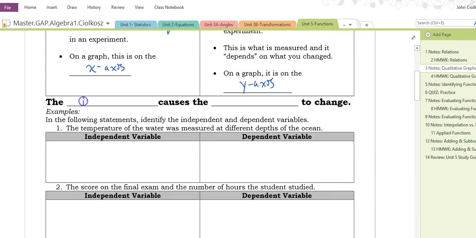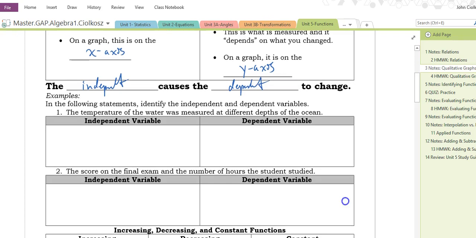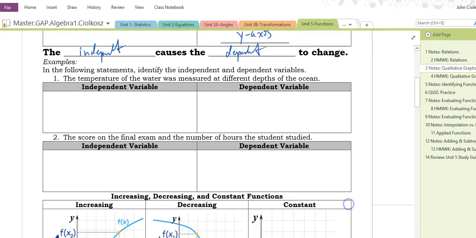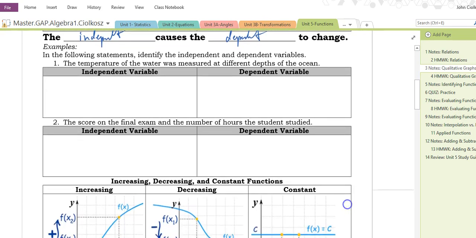So here, the independent causes the dependent to change. So for number 1 here, the temperature of the water was measured at different depths of the ocean.